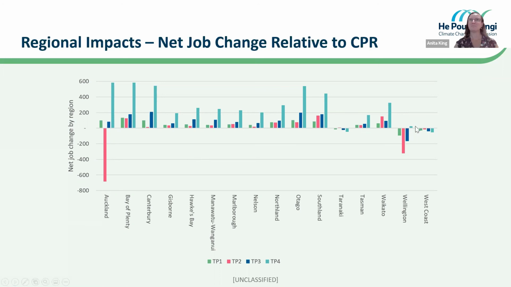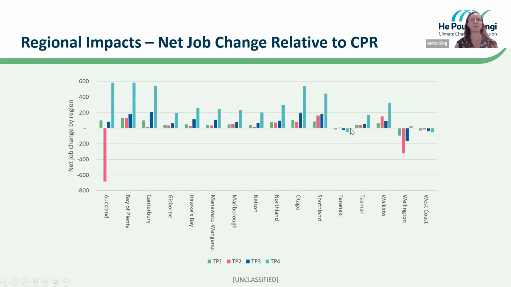We're seeing Wellington, West Coast, and Taranaki being hit by the job changes. I'm not 100% sure what the story is with Wellington, but for Taranaki and for West Coast, it's because these regions have quite large fossil fuel industries. So obviously the West Coast and coal, Taranaki with oil and gas. So that means we need to be paying attention to these regions.